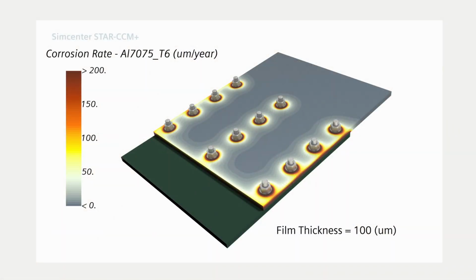Once again, this is a game changer for corrosion studies because on one hand, you will have at your fingertips the full power of SimCenter STAR-CCM+ with all its benefits of scalability, accuracy, and ease of use for automation.